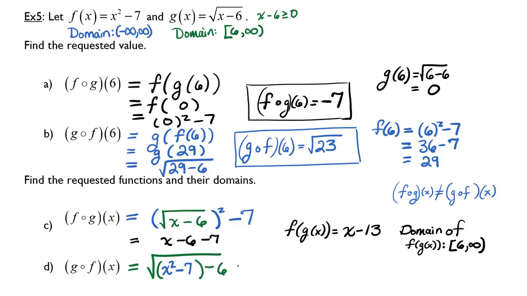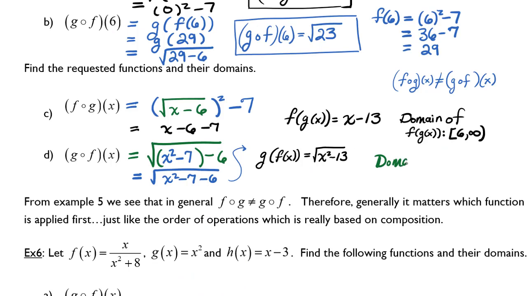We can write this as the square root of x squared minus 7 minus 6. Well, if we rewrite that, we can say that g of f of x is equal to the square root of x squared minus 13.